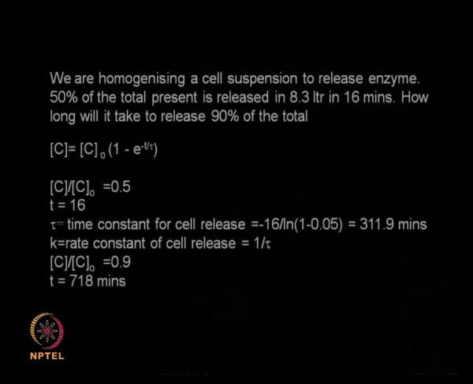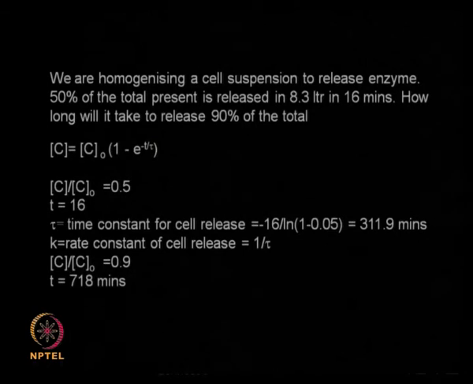data to have, right. If I have a set of cells and I am interested in breaking them and releasing the intracellular products, how long should I wait so that I am sure all the intracellular product is released into the medium? In order to do that I can assume a first order relationship, right.